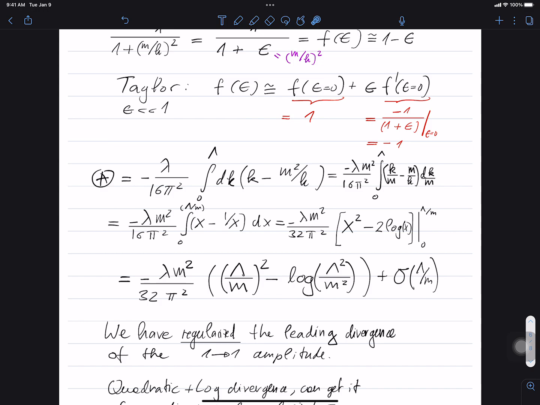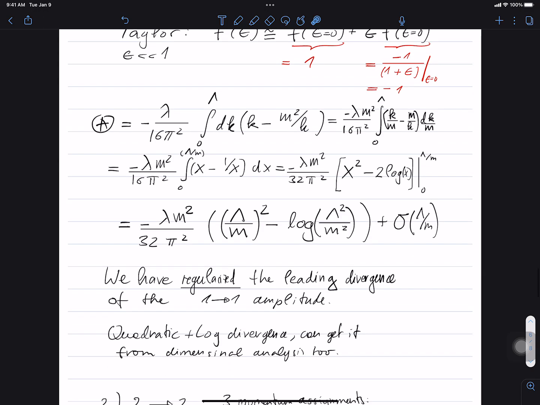Good. So we are finally left with a function defining this k over m as x. We are calling k over m x, a dimensionless parameter. We can rewrite it like this, and then we have the definite integral over this expression, x squared minus 2 log x, evaluated between 0 and lambda over m.